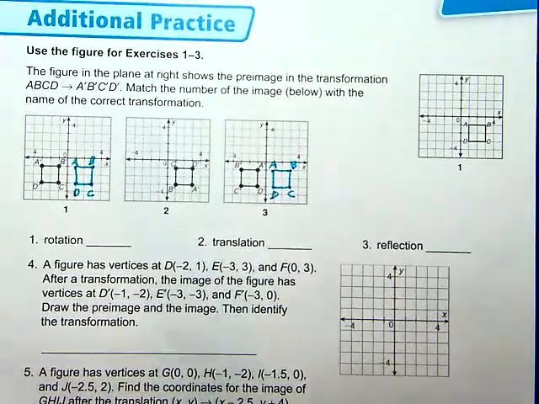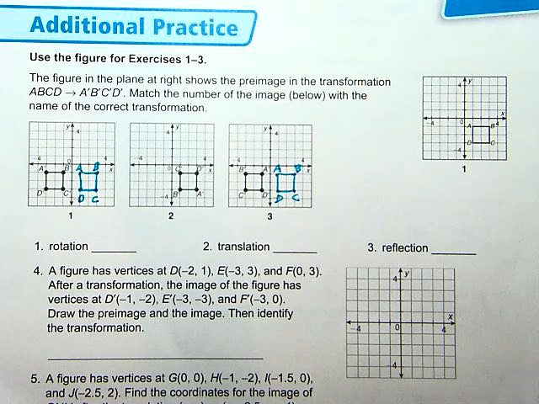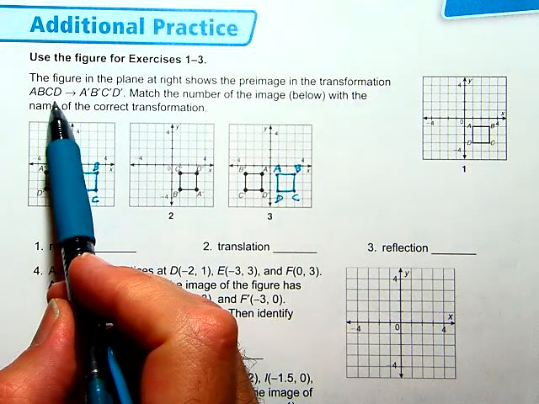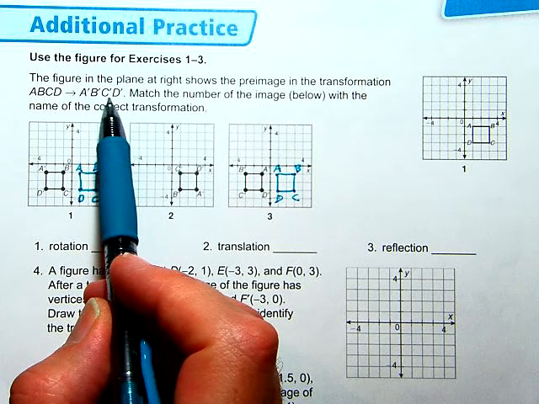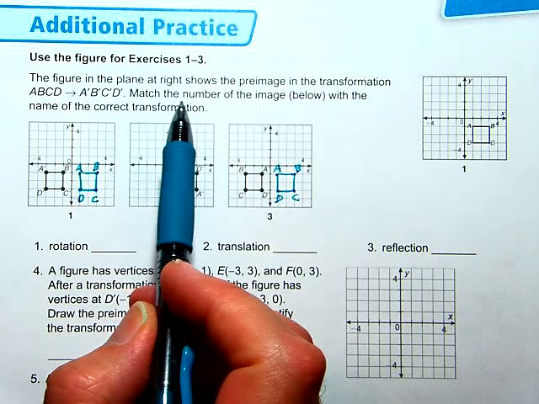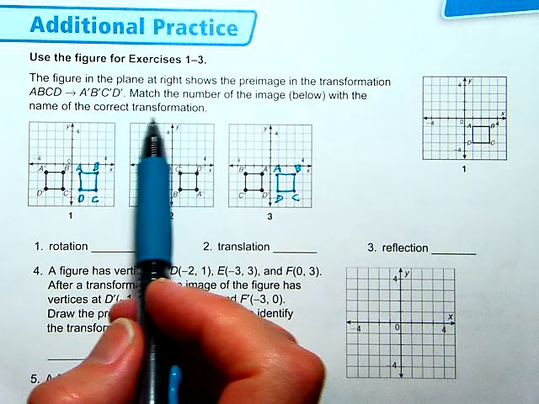The figure in the plane at the right shows the pre-image in the transformation of ABCD to A prime, B prime, C prime, D prime. Match the number of the image below with the name of the correct transformation.